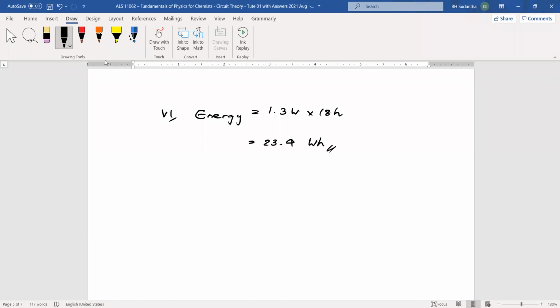Then we can convert this one into joules. Then it's 23.4 into 60 joules. Okay.